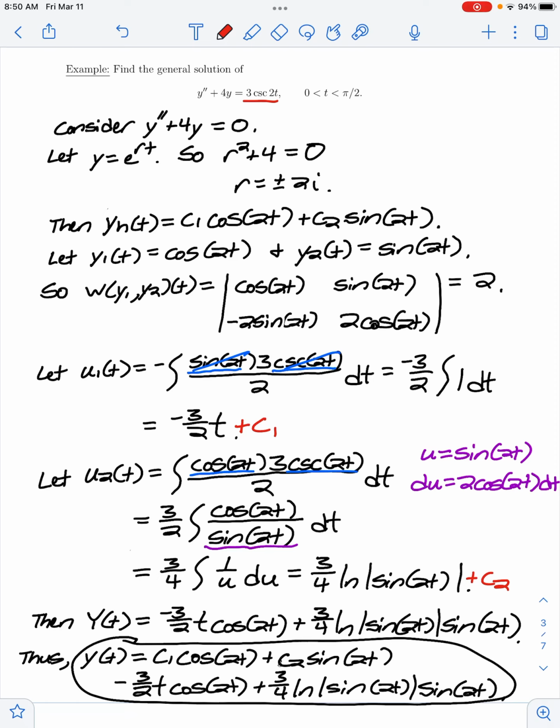And if you have a constant of integration for u2, when you take u2 times y2, you end up with a c2 times y2 term. But constant multiples of y1 and y2 were already part of the homogeneous solution. We don't need to include those as part of our particular solution. So in short, we do not need to consider these constants of integration when we're calculating u1 and u2.